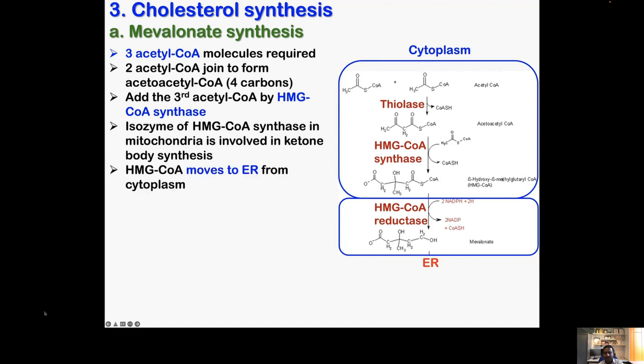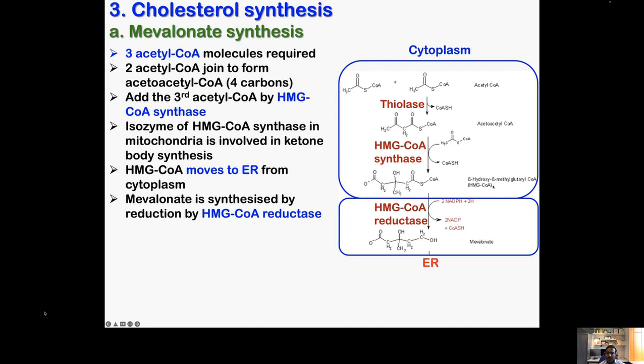Now this HMG-CoA, beta hydroxy beta methyl glutaryl CoA, moves to the endoplasmic reticulum from the cytoplasm, because this is happening in the cytoplasm. Here the mevalonate is synthesized by reduction using an enzyme called HMG-CoA reductase.